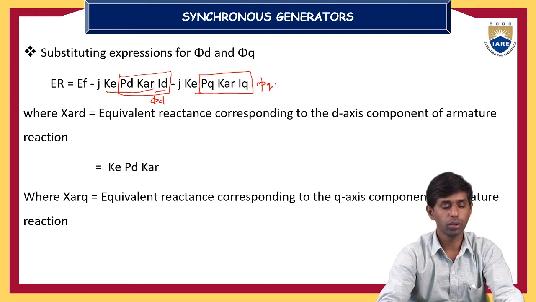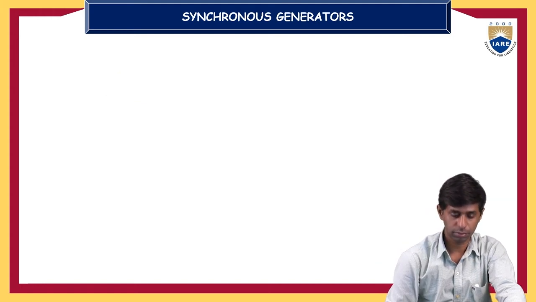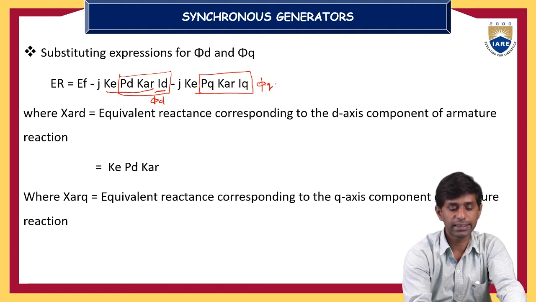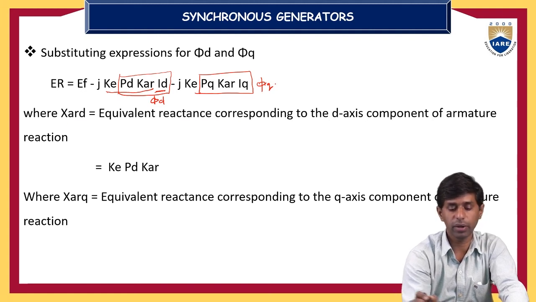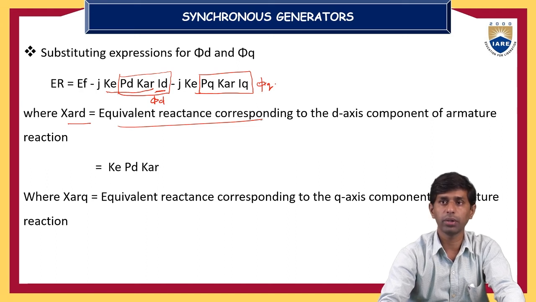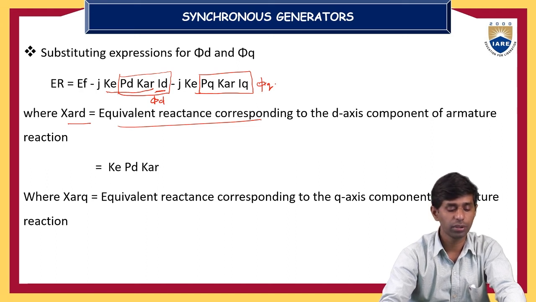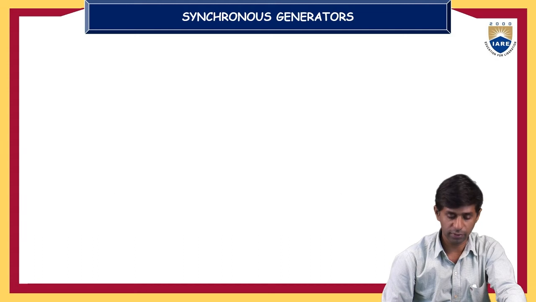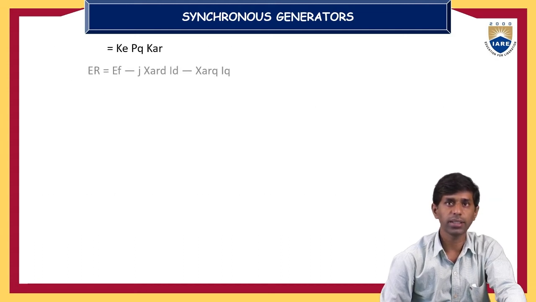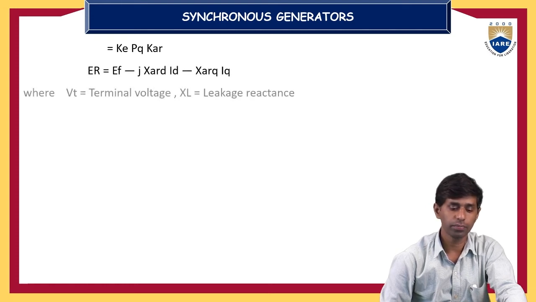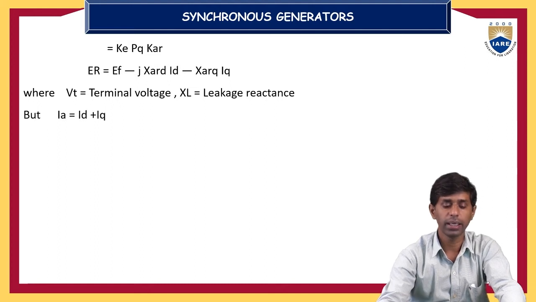Here you can also write XARD, the equivalent reactance corresponding to the D axis component of armature reaction, which is equal to Ke PD KAR, and XARQ is the equivalent reactance along the quadrature axis, equal to Ke PQ KAR.